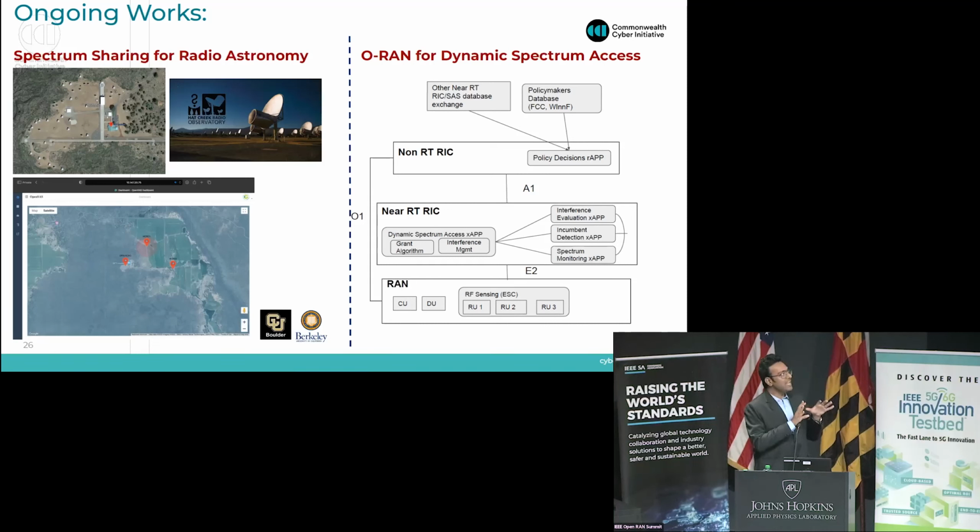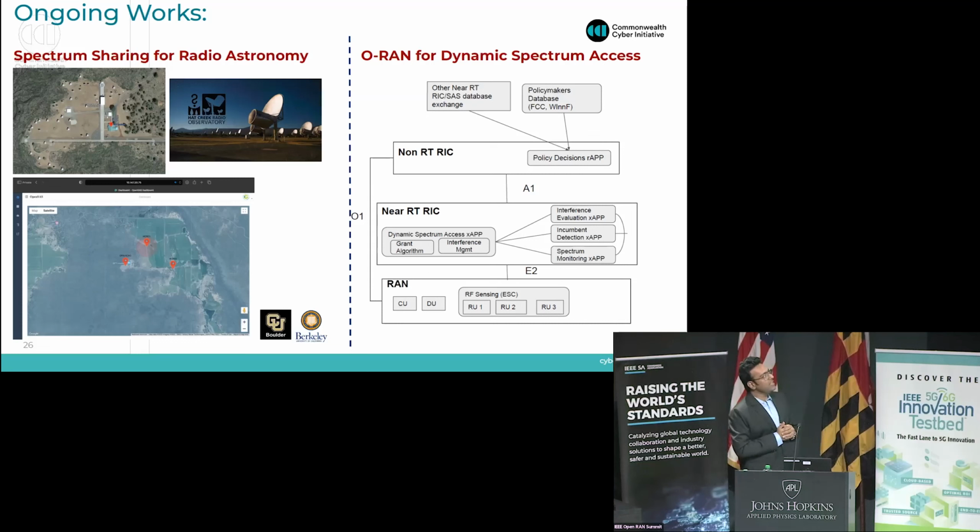Whenever they are doing that, they are the incumbent, so they have the highest priority. If there is some CBSD around at that point of time, it can create interference, which is not desired. So we have deployed Open SAS and enhanced its functionality to work in this kind of scenario, where it will do spectrum sharing for radio astronomy sites and try to reduce the interference for them.